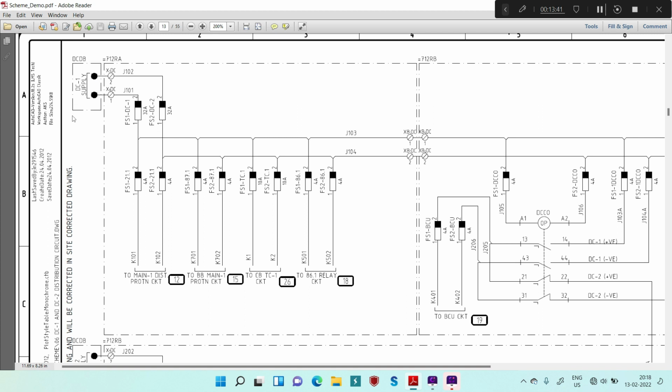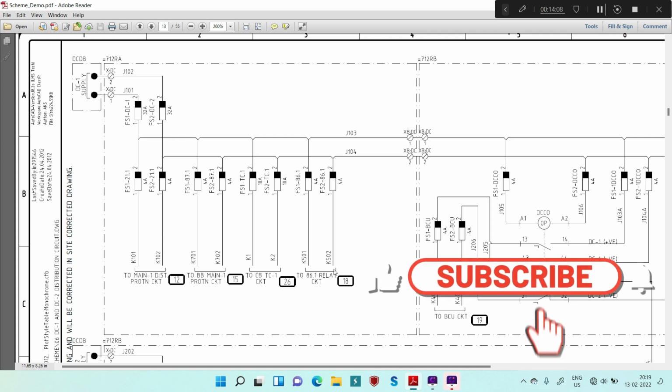That refers to your DC supply panel, basically your battery charger and DC DB. All those connections will be there. Then this rectangle in which there are multiple fuses refers to your panel number 712RA. In this panel there are 4 circuits available: main 1 protection, distance protection, then bus bar, then CB trip coil 1 and 86.1 relay circuit.